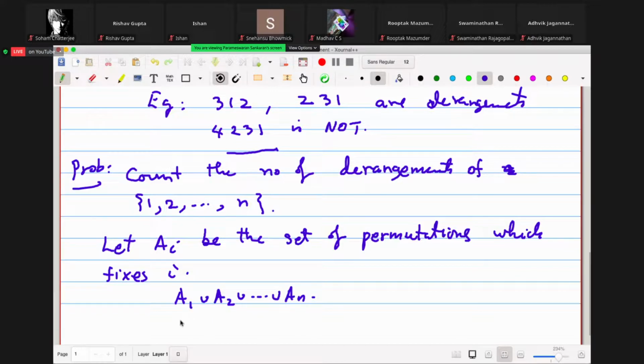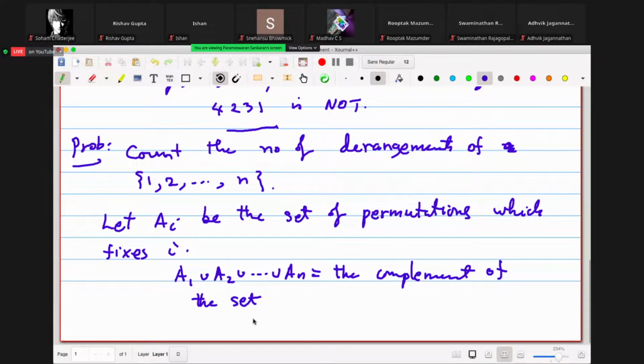So this set equals the complement of the set of derangements. So we should just give it a name also, complement of the set. Let us write here Dn of derangements.